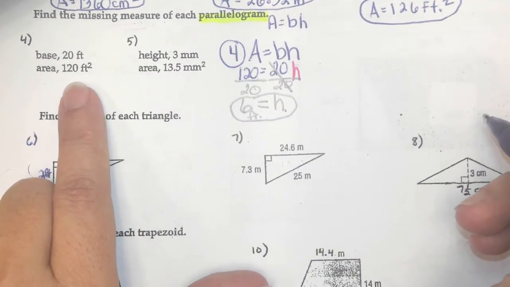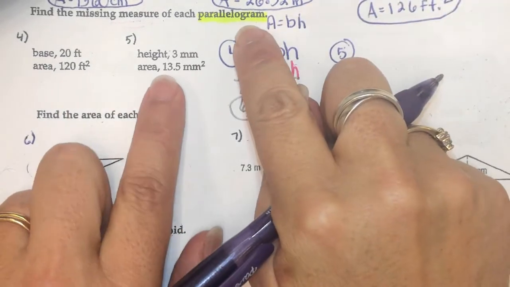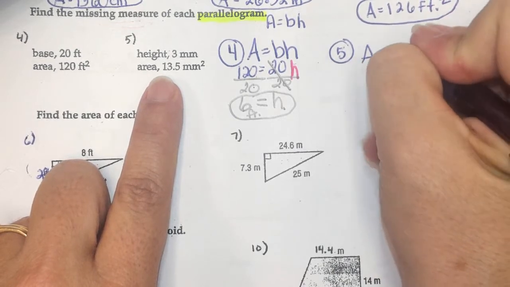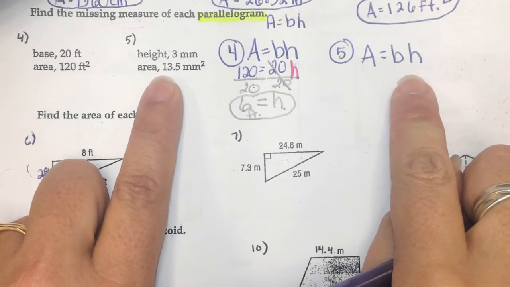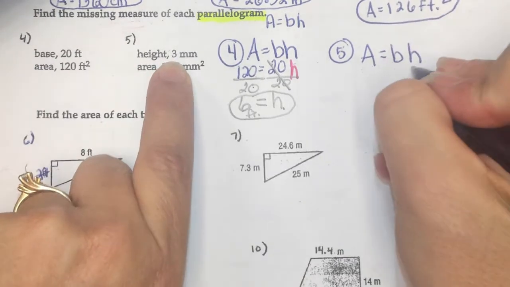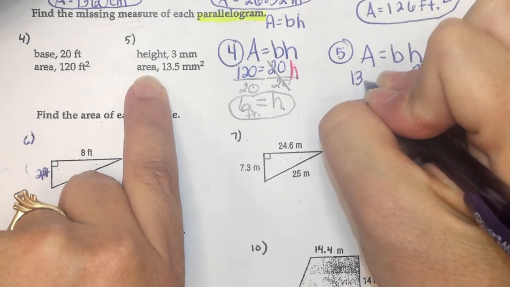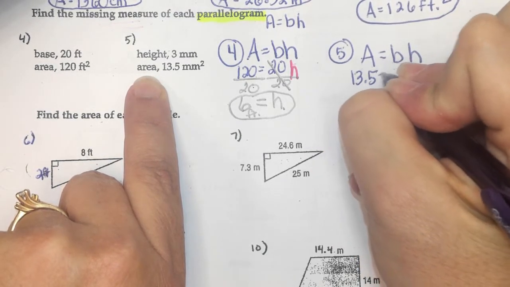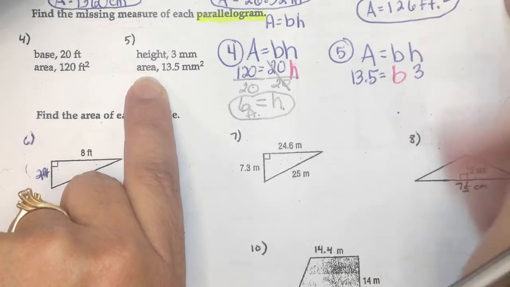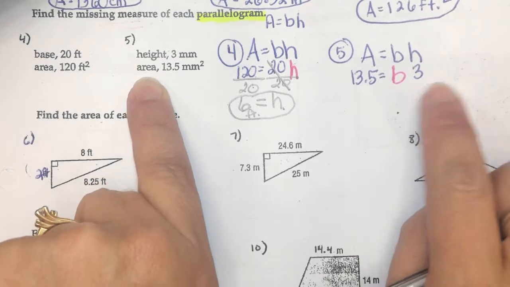Okay? So let's look at number 5 now. Same shape, which is parallelogram. So I'm going to write my formula. This time, they gave me the height is 3. They gave me the area is 13.5. And then you're missing the base this time, the B. But listen, last week we had 3B or B3.